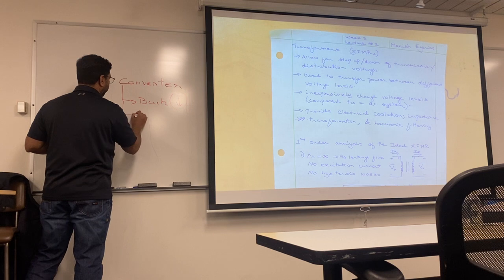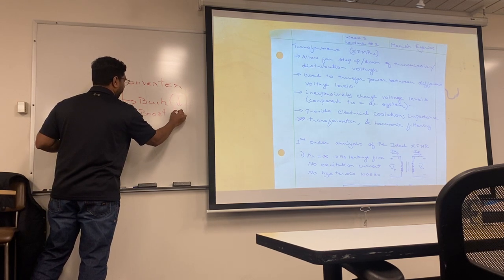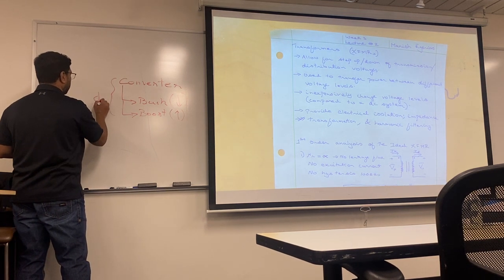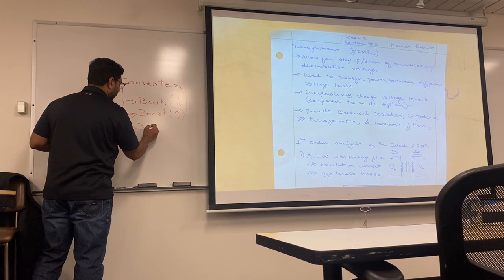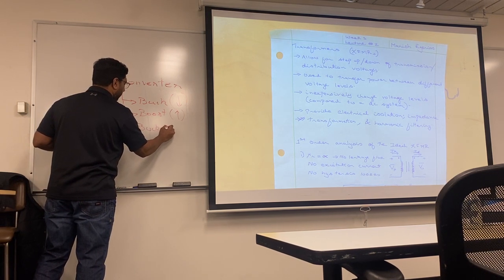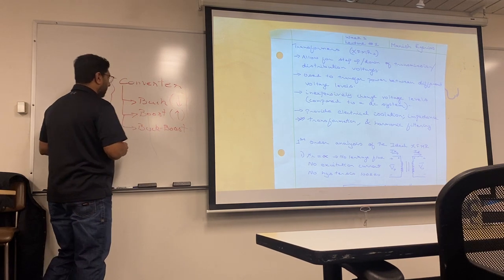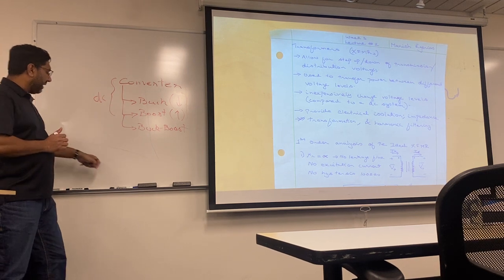You have a boost, which is going to increase the voltage, and this is on DC. And then you have a buck boost, which does both depending on how you are going to configure it. I mean, there are several others, but this is how you deal with a DC.